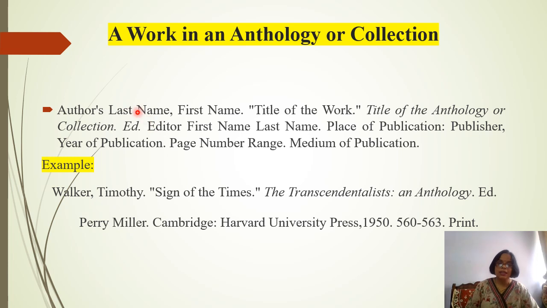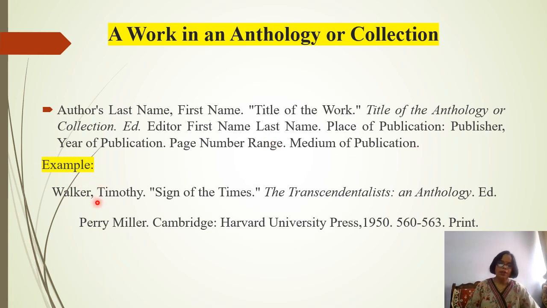Then because it is an edited book, write ed. dot, then editor's first name, then editor's last name, full stop, place of publication, publisher, year of publication, and because it is an anthology or collection, you have to write the page number range also and medium of publication.